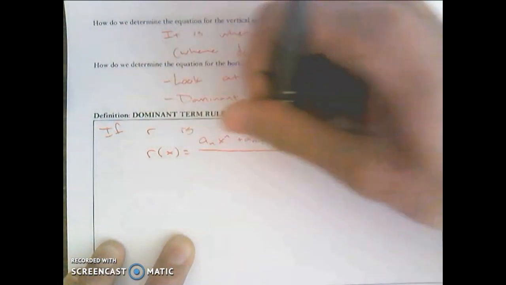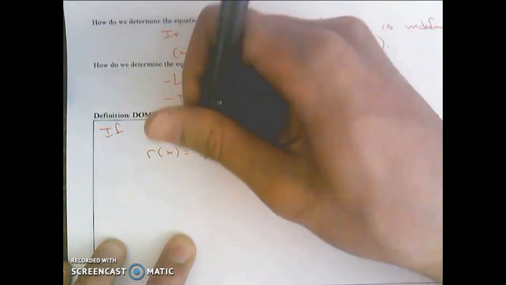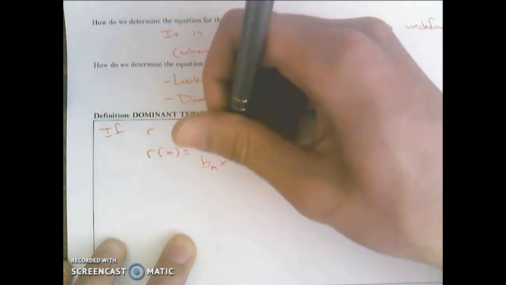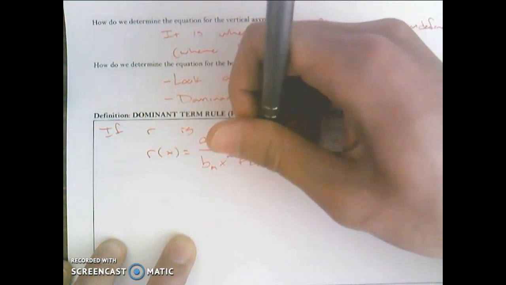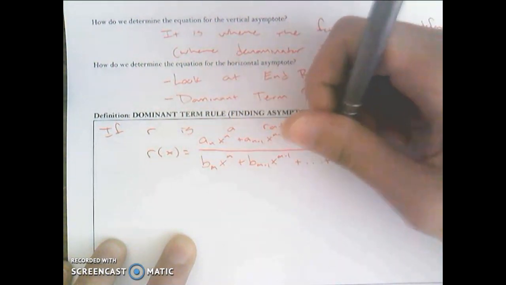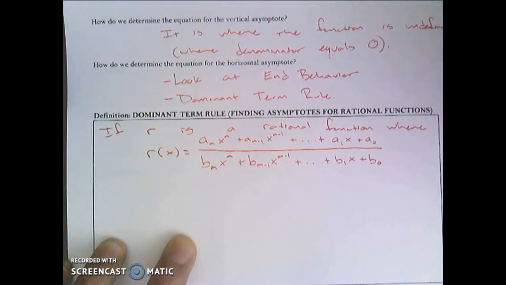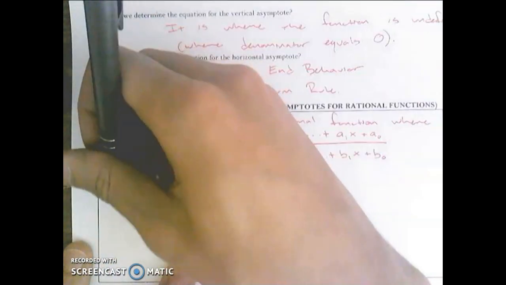So that's the numerator, that's the polynomial. That's just the definition for a polynomial. And then over another polynomial, so we'll use b and m this time: b_m x to the m plus b_(m minus 1) x to the m minus 1, plus all the way to b_1 x plus b_0. So again, the definition for a polynomial. So r is a rational function, a polynomial over a polynomial.